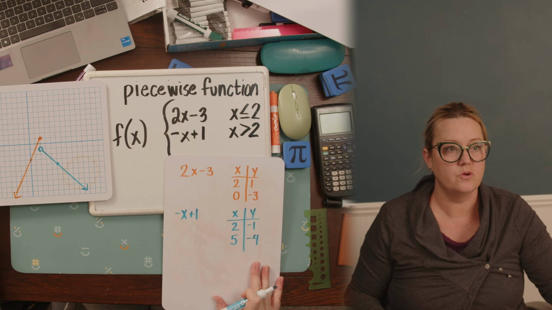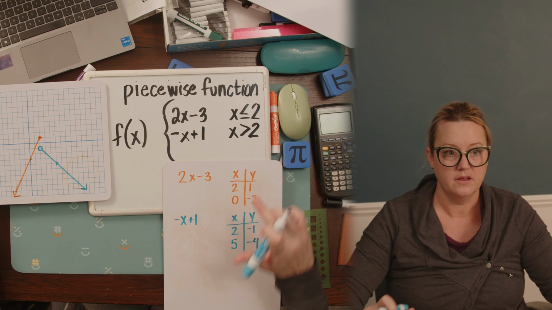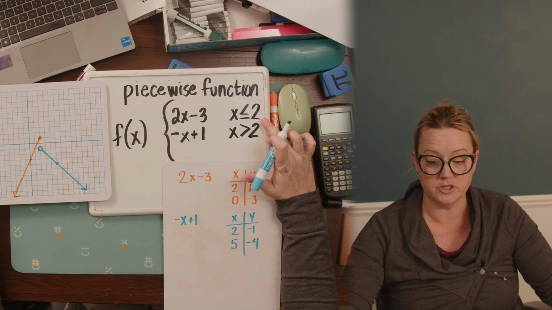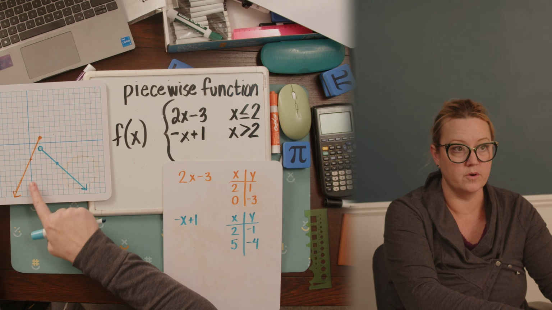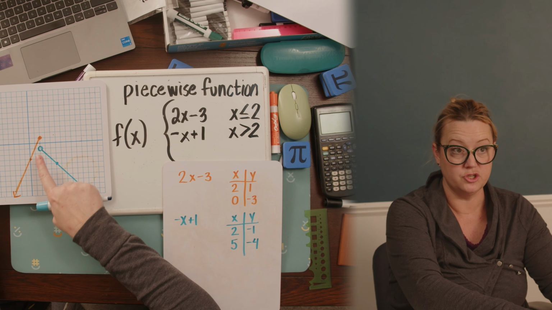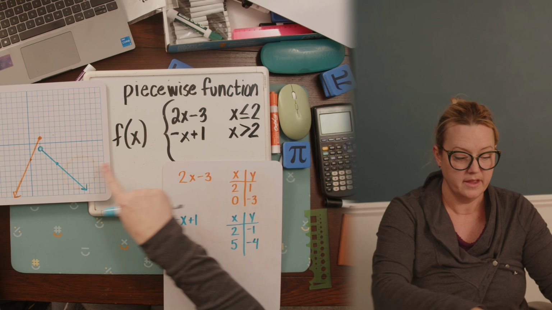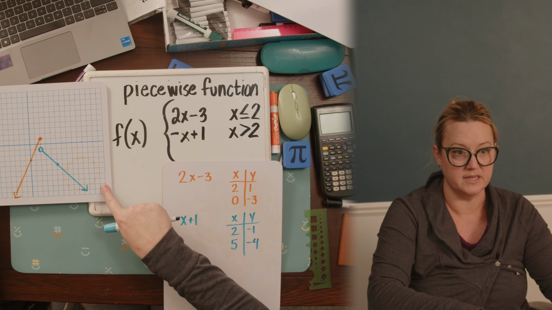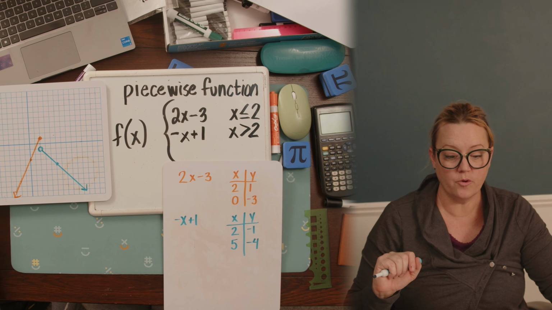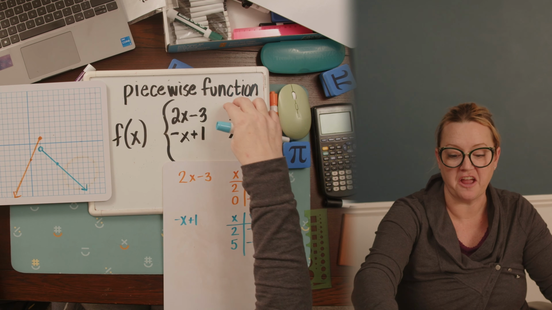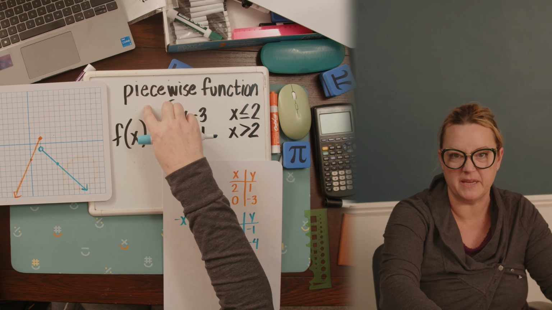So what I've got is when x is less than or equal to 2, it's going to follow my orange line here, that 2x minus 3. When x is greater than 2, it's going to follow this negative x plus 1. So a piecewise function is really just a function that's been split up into pieces.